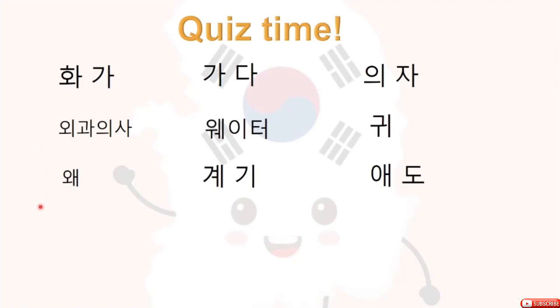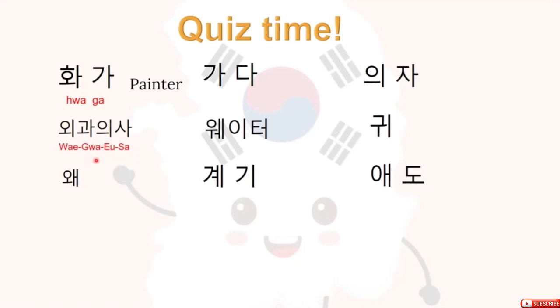Let's find out what they are. Okay, so the first one, 화가. 화가. Okay, if you're curious enough, you could have looked it up on Google or a dictionary, and it means painter. Okay. Next one. Okay, we'll go down. This is 왜, 과, 의사.